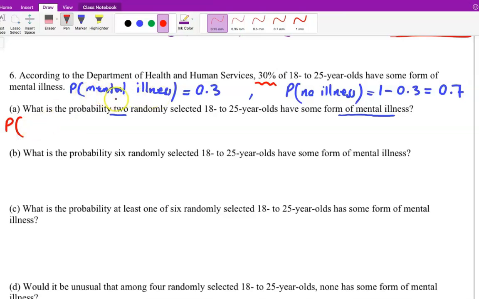And instead of writing mental illness, I'm writing mental. Mental and mental. That is equal to, we have 30%. So you should multiply 30% multiplied by 30%. That is 30% to the second power. So it's 0.09.